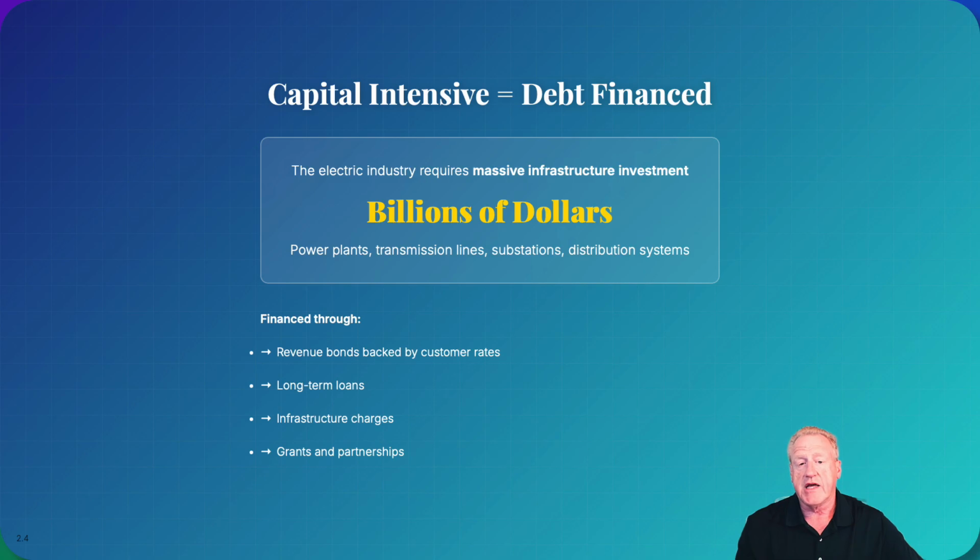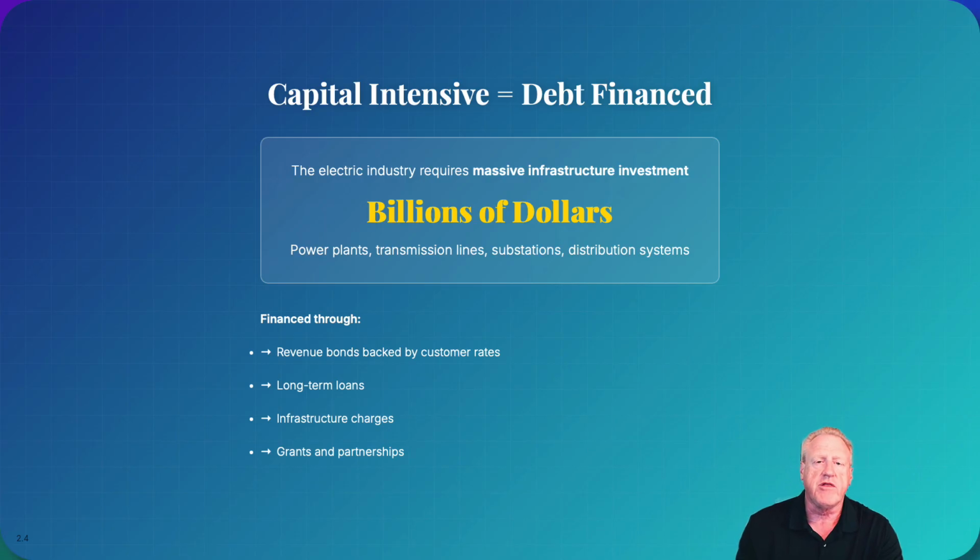Because the electric industry requires massive infrastructure investment. Billions and billions of dollars every year goes into power plants, transmission lines, substations, and distribution systems. These are financed through revenue bonds, long-term loans, infrastructure charges, grants and partnerships, and customer rates. An electric system really only lasts about 30 years.